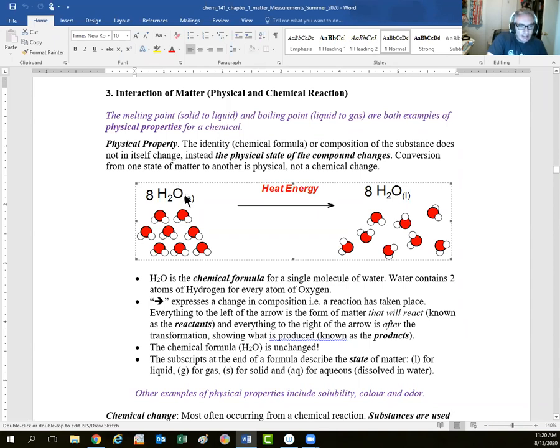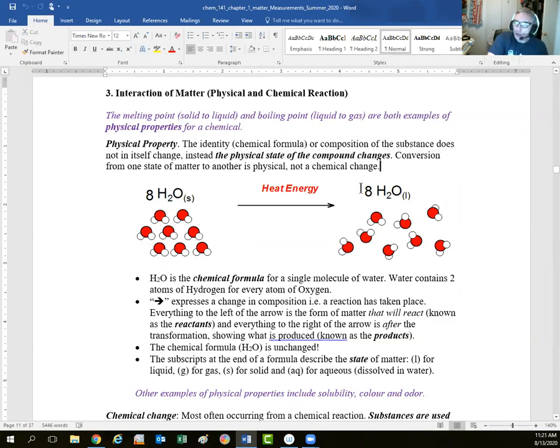A solid having heat energy applied to it, maybe from a Bunsen burner or a hot plate, and that solid eventually melts into a liquid at the melting temperature. Or maybe you've got a beaker of water, and that liquid boils at the boiling temperature into water vapor, into a gas. That's all we mean by a physical reaction, just pure changes in state.